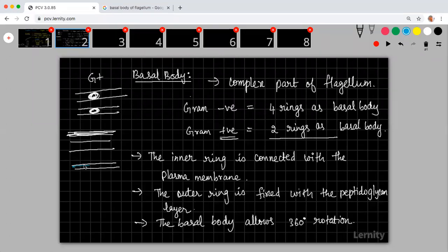One is the plasma membrane, the second is the peptidoglycan layer, and the third is a lipid layer. So here you'll be able to see four distinct things. That lipopolysaccharide layer is what we call the outer membrane.